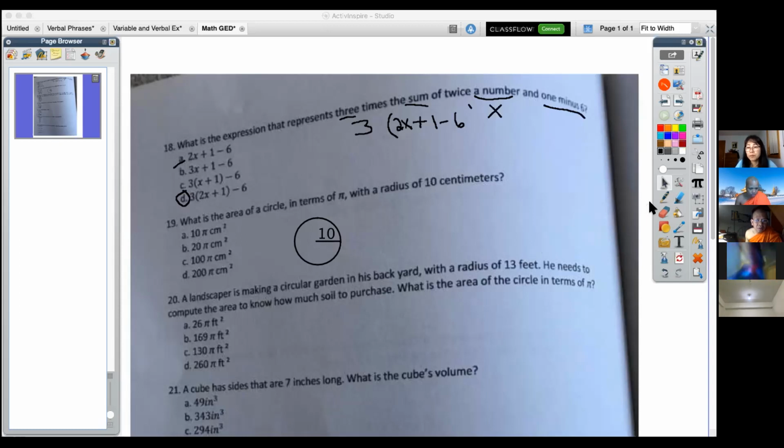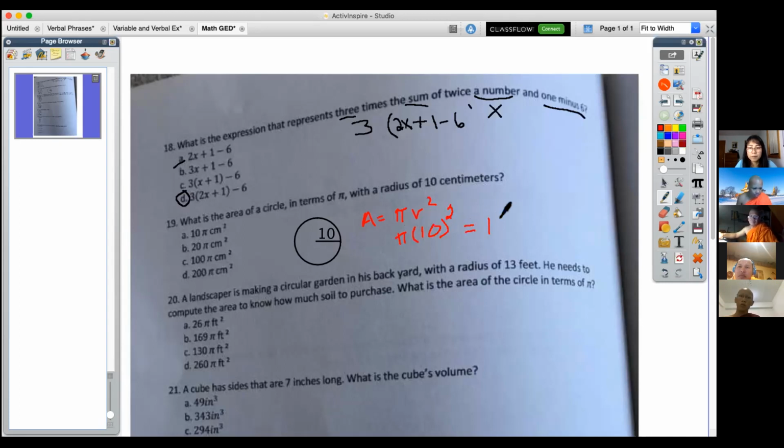Fine with radius. C. Good. It is C. Okay.